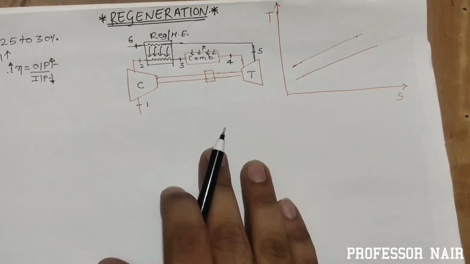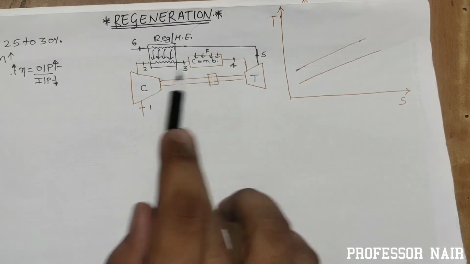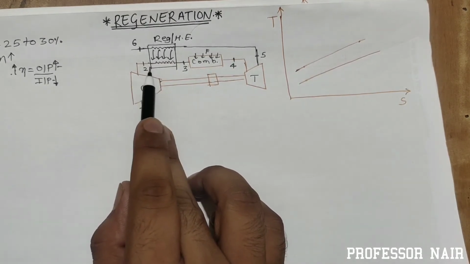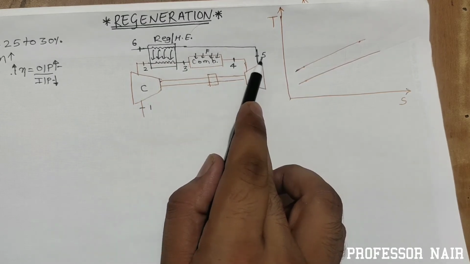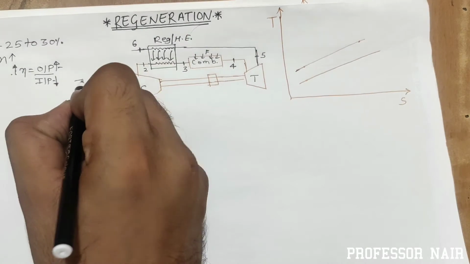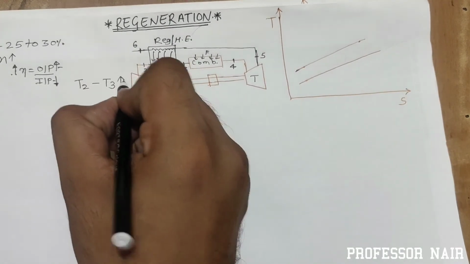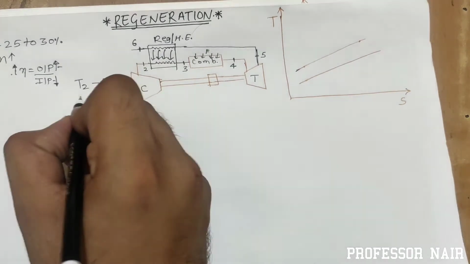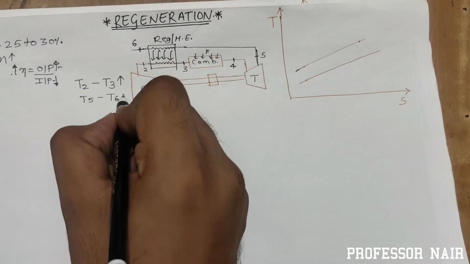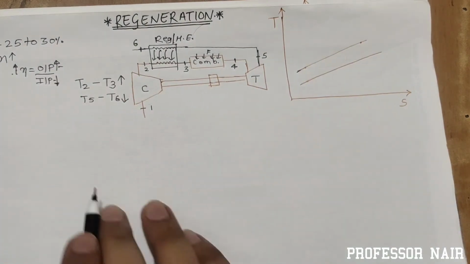Correct? So this process is called the regeneration process. Means I am heating the temperature which is going out of the compressor and reducing the temperature of the exhaust gas. Means I am increasing the temperature T2 to T3, correct? While I am reducing the temperature from T5 to T6. I am reducing here, correct?